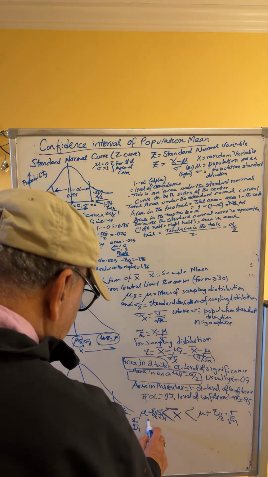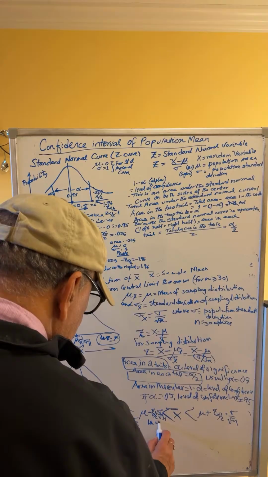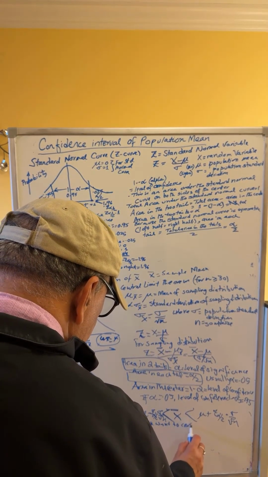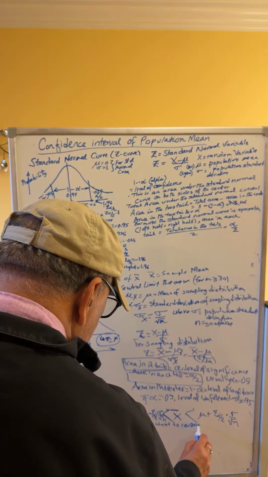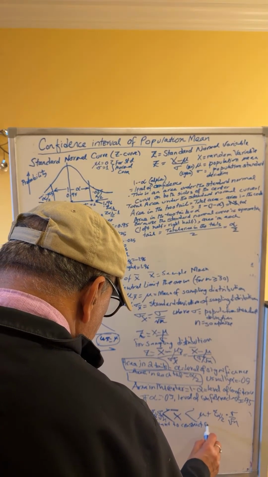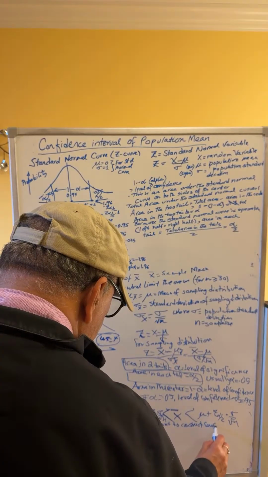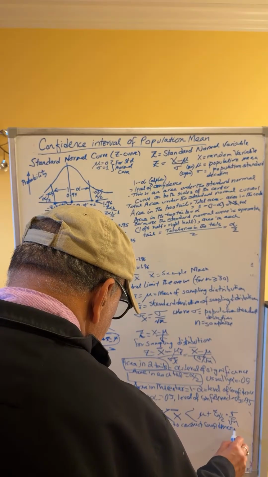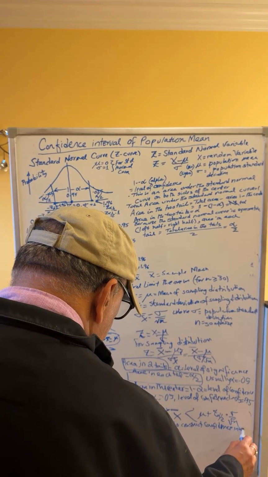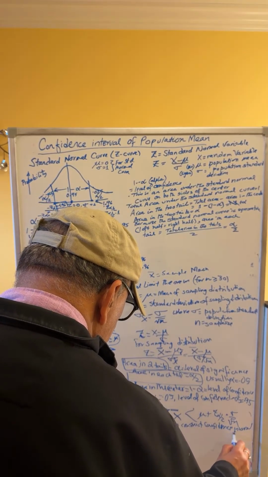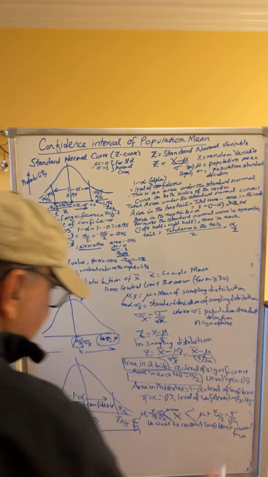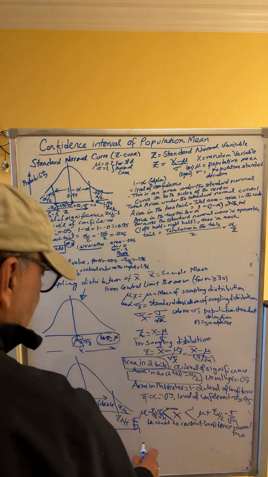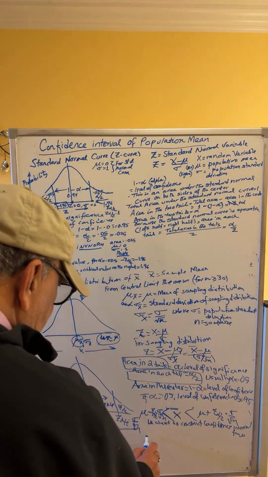We want to construct a confidence interval for mu. How do you do that? We have this inequality. What we will do is subtract mu on all three sides.